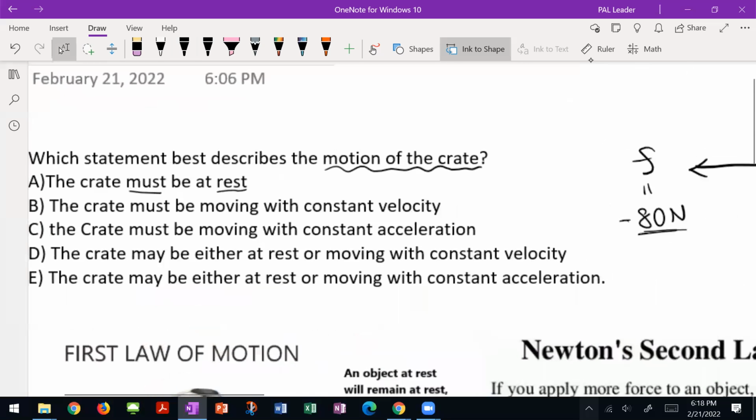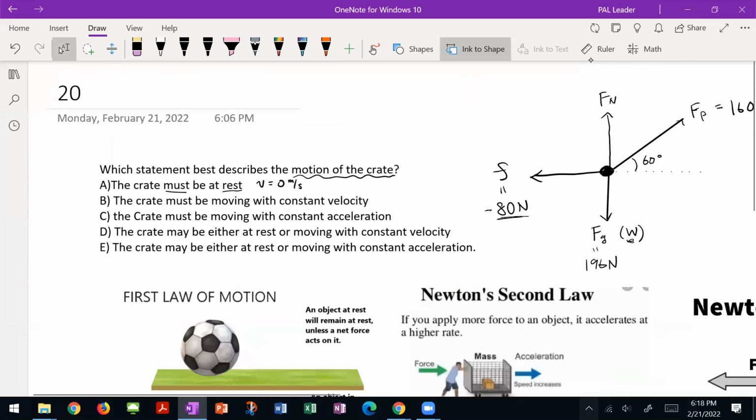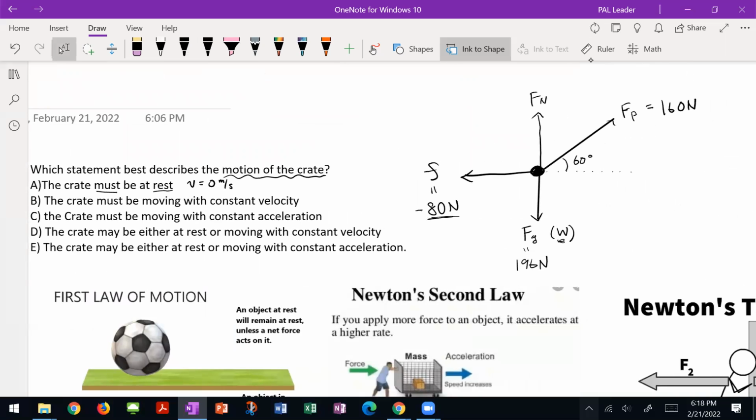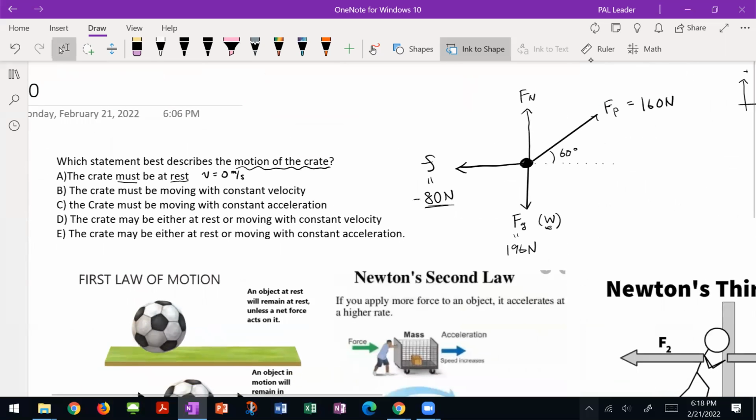Rest means that the velocity is 0, right? Do we have any information to tell us what the velocity is, or maybe even the acceleration? We don't know. They didn't give us any of those values. We don't know about acceleration.